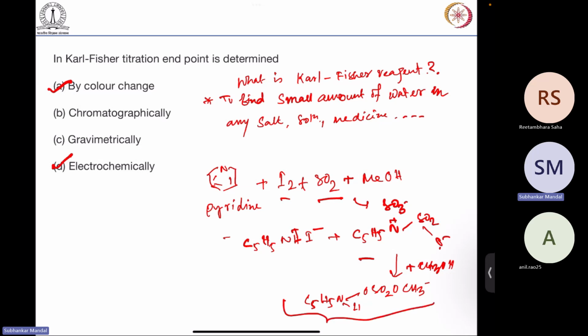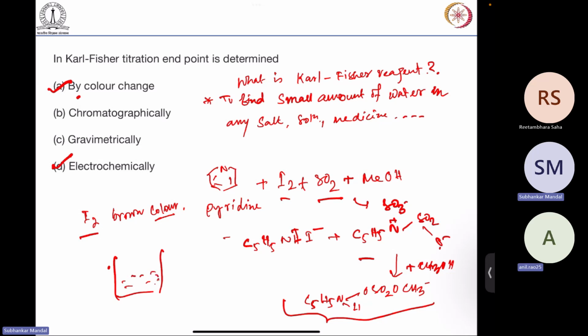That is why we have chosen color change, because iodine is basically brown in color.